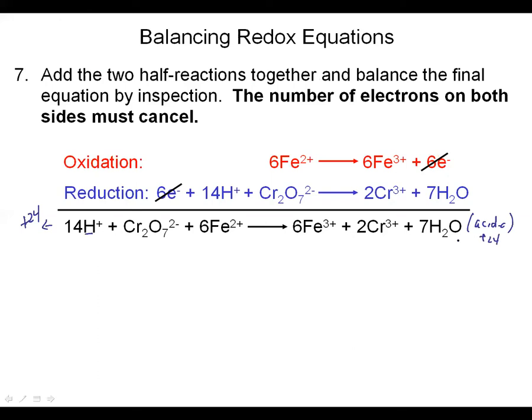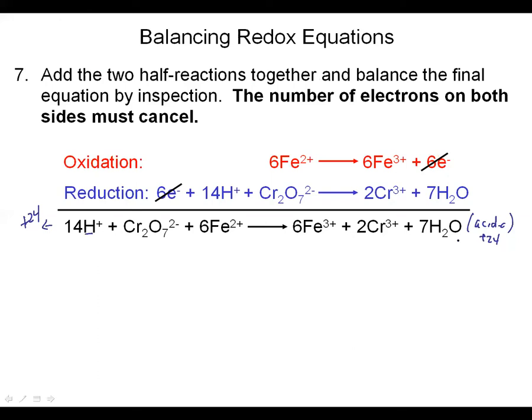So that is always what you're trying to achieve: an equation that's balanced both ways. One way, same number of elements on each side, like a normal equation, and the overall charge on each side equals each other. So those are the steps to balance these redox reactions in acidic conditions.